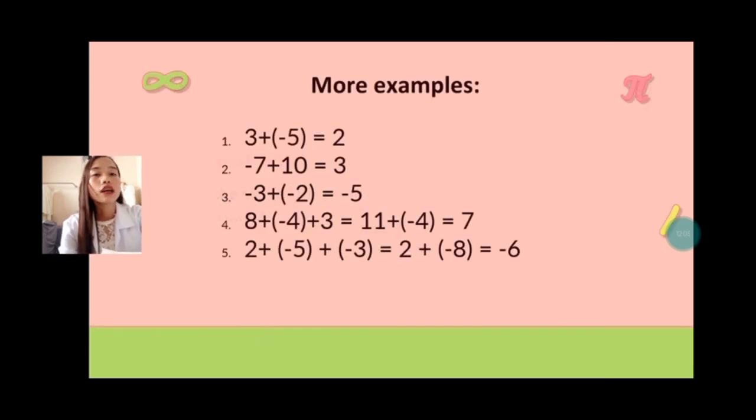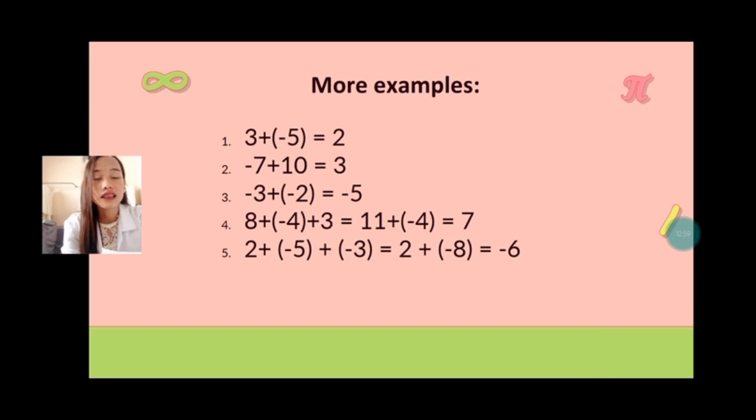More examples. We have positive 3 plus negative 5. They have different signs, so we subtract them. Positive 3 plus negative 5 equals negative 2. Okay, next is negative 3 plus positive 10, which equals positive 7, because 10 is bigger than 3, so we copy its sign.